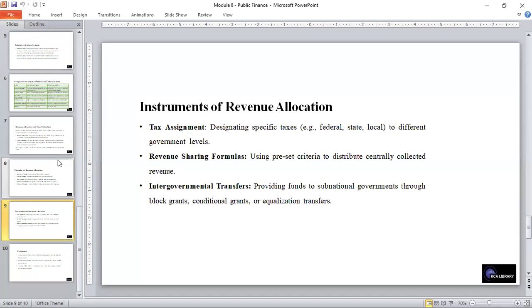Another instrument is the revenue sharing formula, which uses preset criteria to distribute centrally collected revenue. So the money collected from different states is collated together, and a preset criteria is put in place to distribute the revenue. We also have intergovernmental transfers, which provide funds to subnational governments through block grants, conditional grants, and equalization transfers.